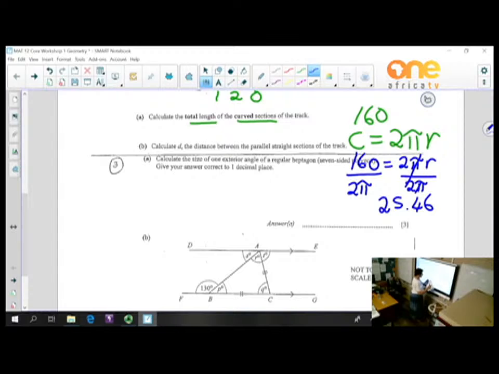So the final answer for this one is then 50.9. That is the final answer there for number 2B.